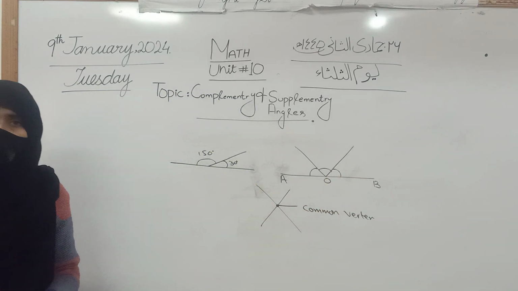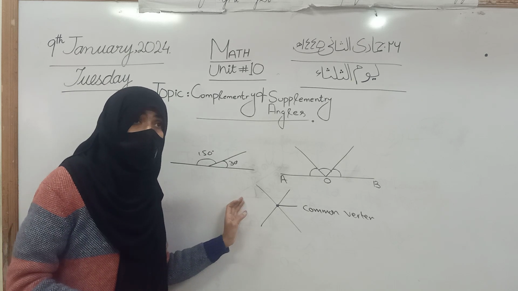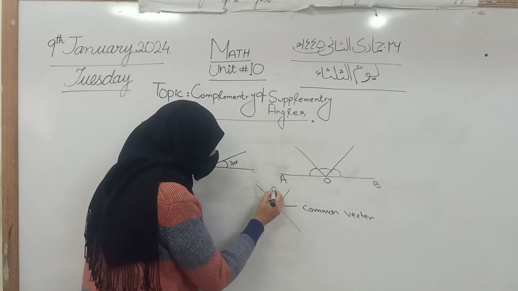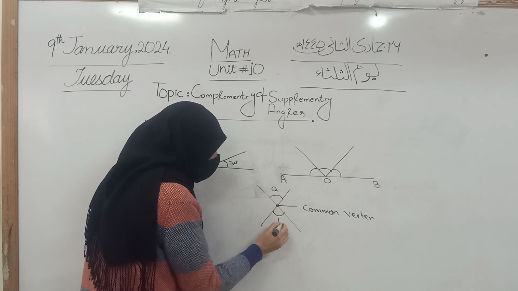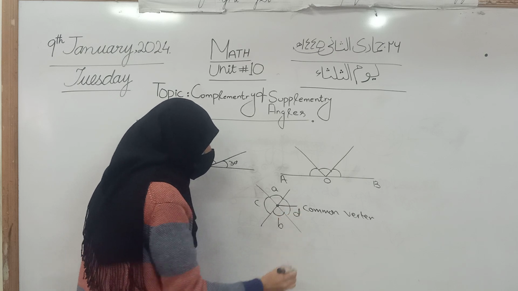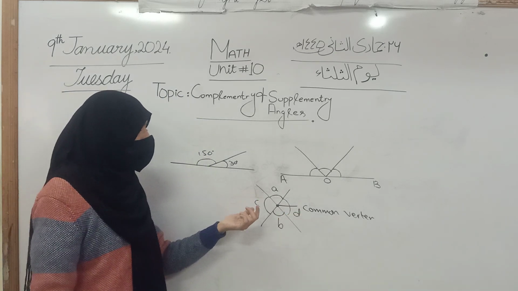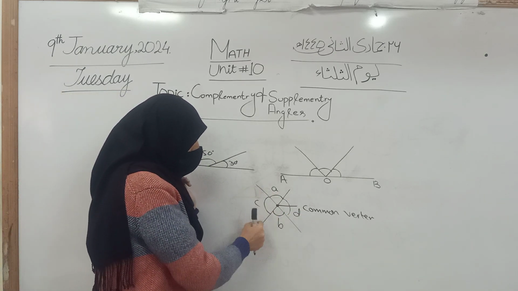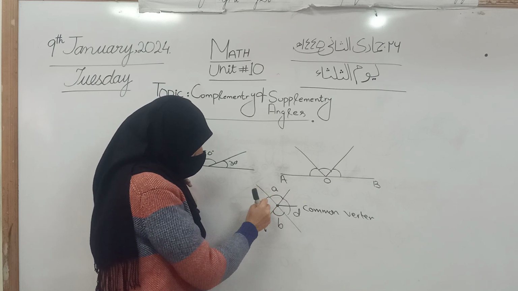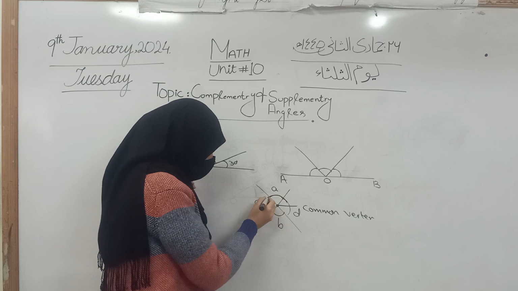Yes class, can anyone tell me how many angles are forming there? 4 angles. Let's suppose angle A, angle B, angle C, angle D. What does it mean? It's a complete circle, you can say like this.